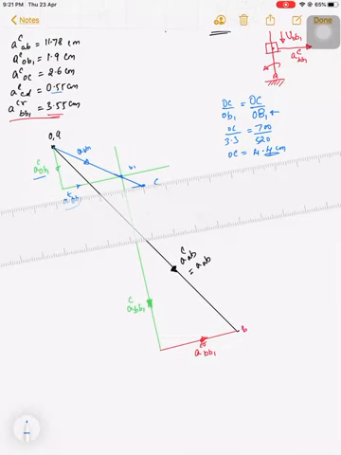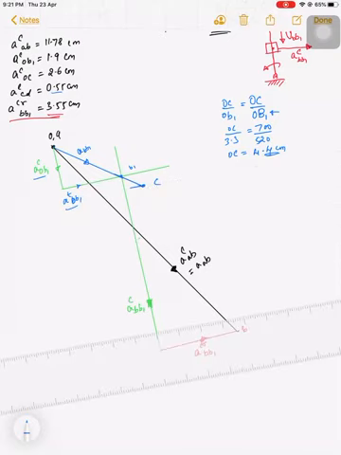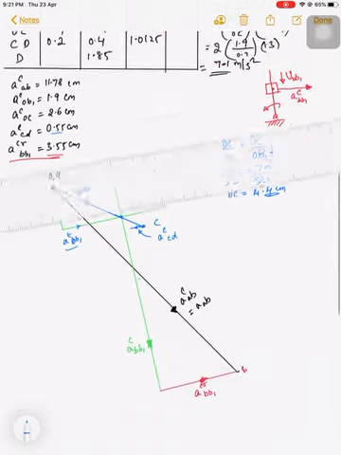So this is the centripetal acceleration of link CD.